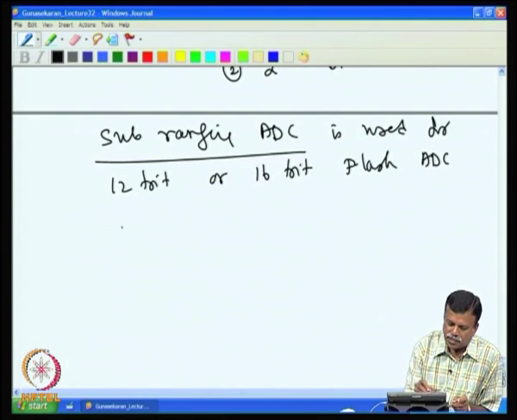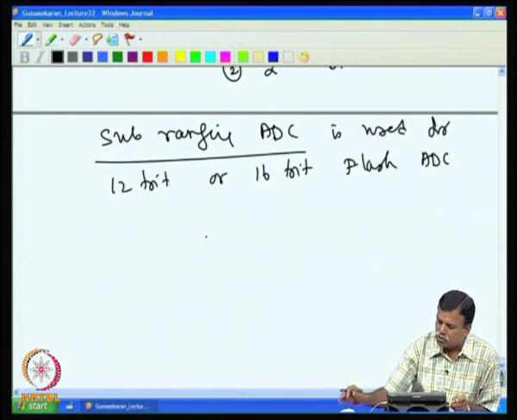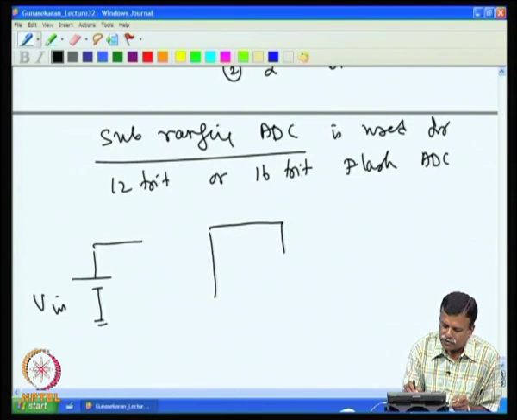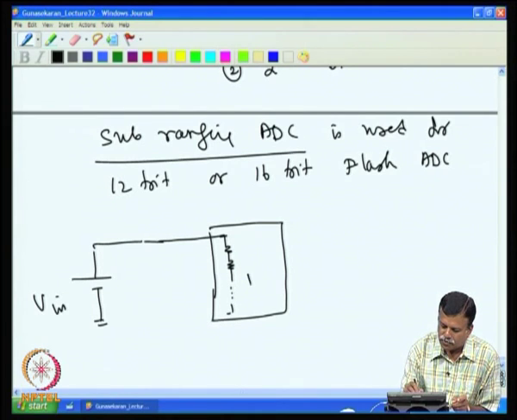In the subranging flash ADC converter, you have your input voltage V input, which is to be digitized, and that is given to an A to D converter, which is an 8 bit flash. So, you have an 8 bit flash here, basically it goes to your resistor divider and then your comparators.